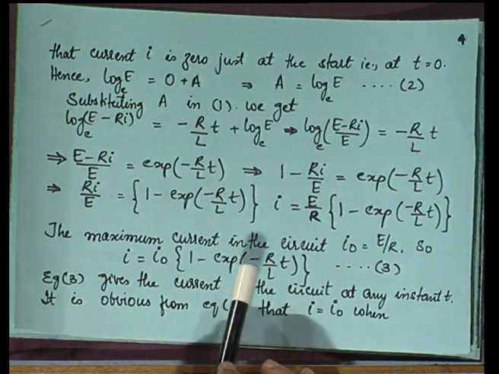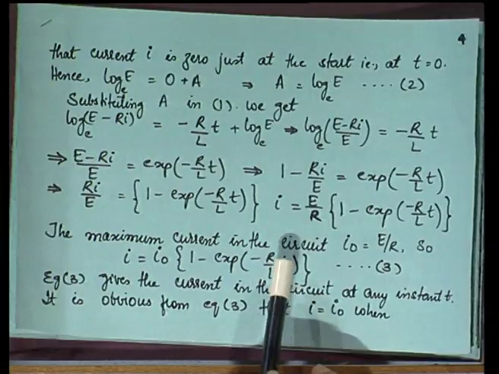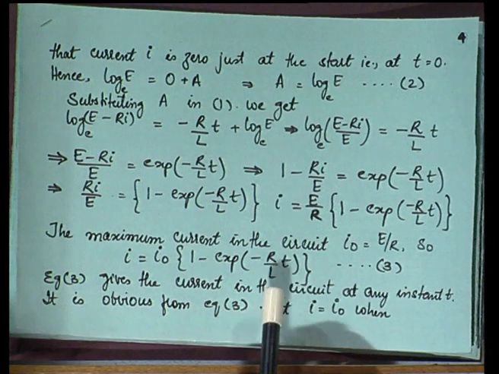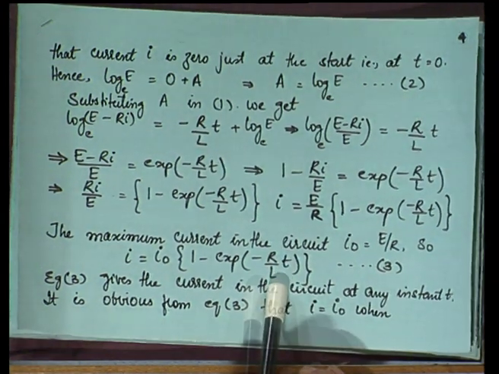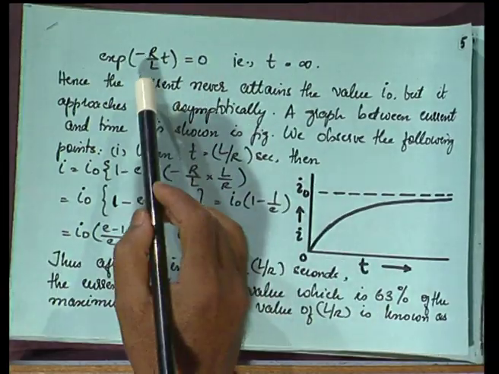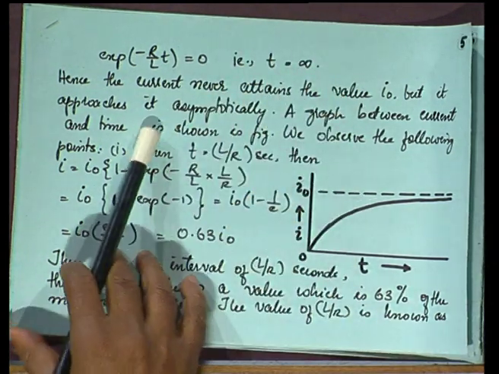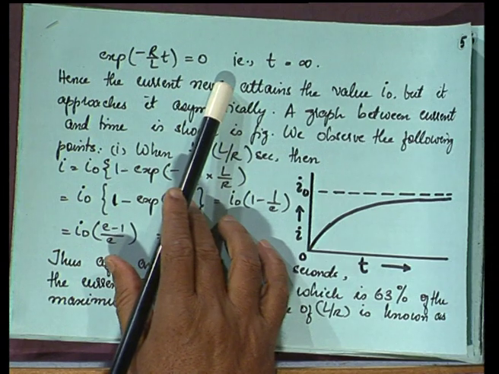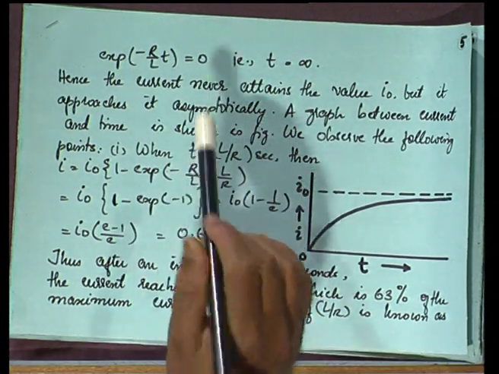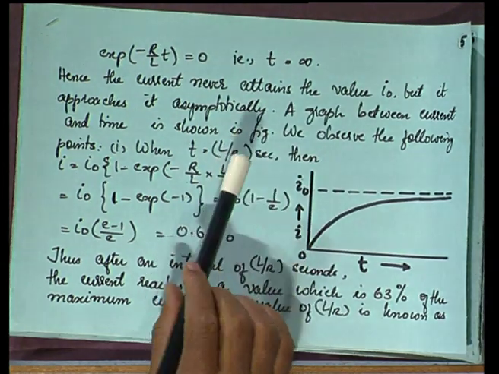Here another important point we have to remember is the time constant of the LR circuit. To find the time constant, we take t equal to L by R, so that L by R into R by L cancel. Then i is equal to I naught into (1 minus 1 by e), where e is 2.718.